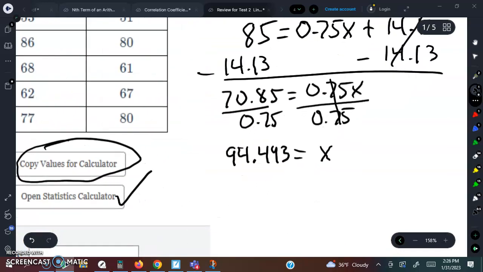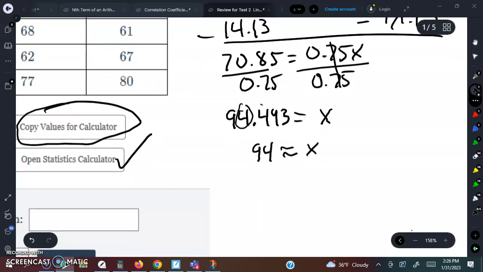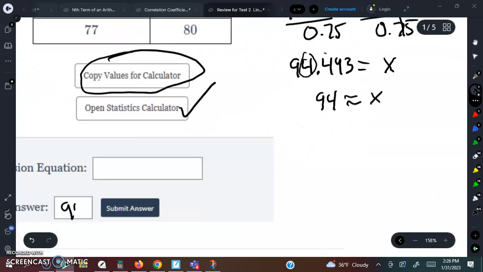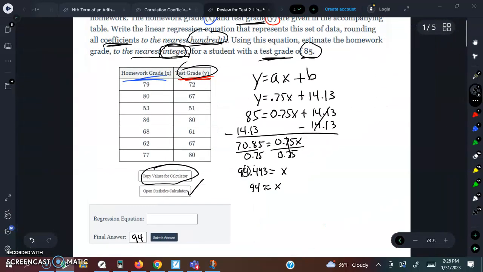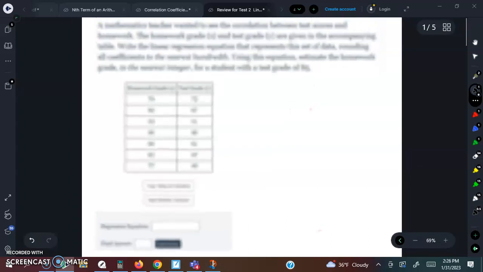So I take a look at the 4 here, look to the number to the right, it's 4, less than 5, so I round down. So my answer is going to be 94. And then that's the answer I put in right here. And that's linear regression.